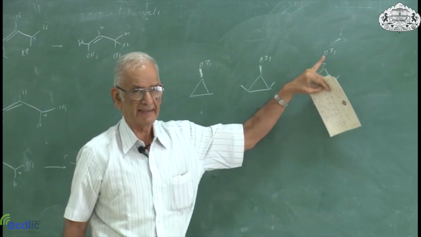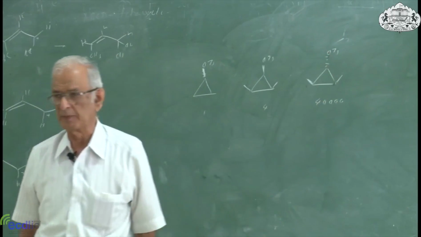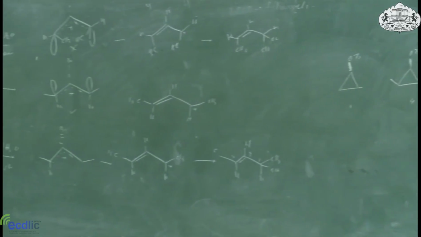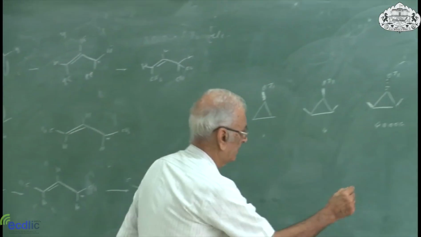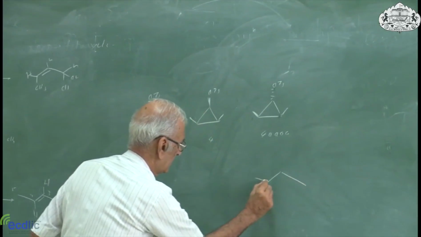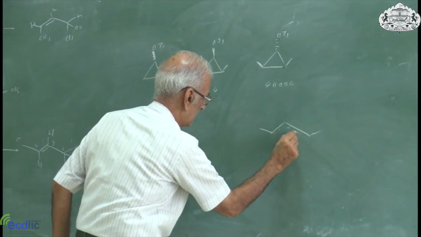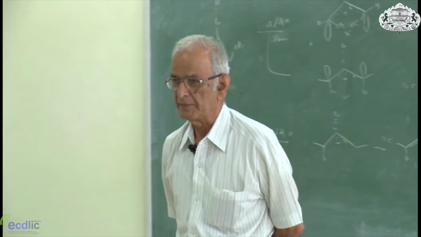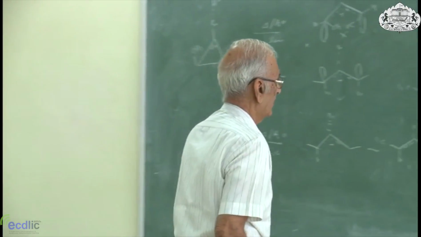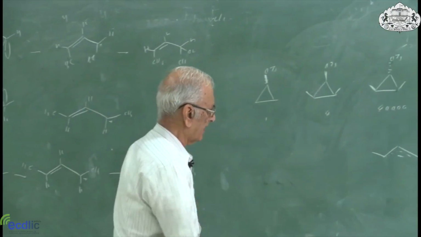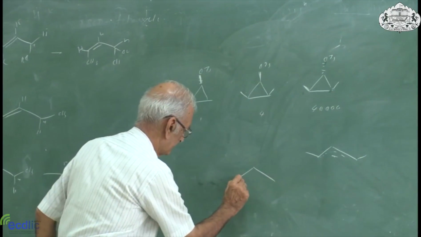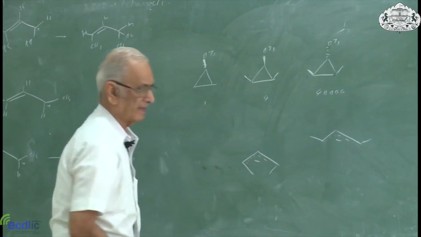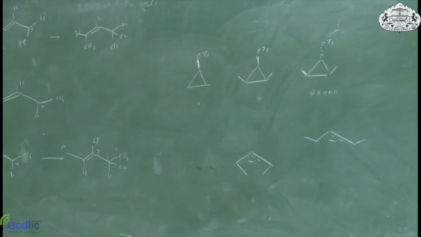Here methyls are on opposite side of the tosylate group. Therefore, it corresponds to this system. That's going to be your intermediate. When methyls are on the same side, that's going to be your intermediate.